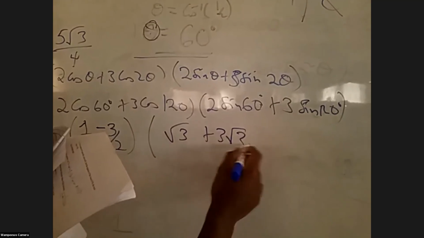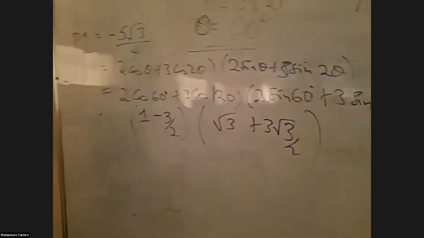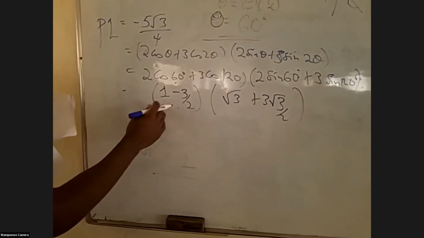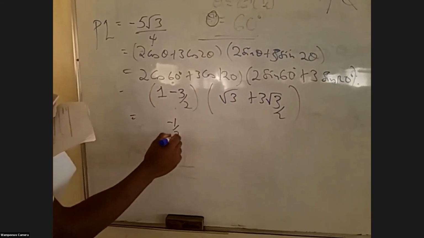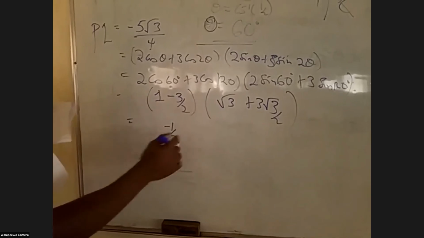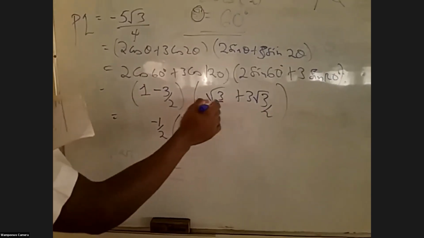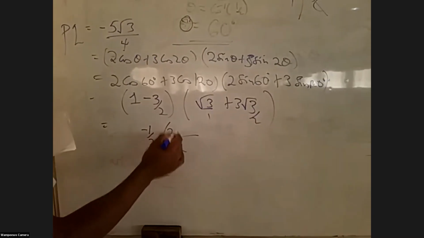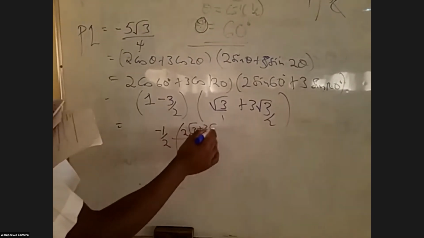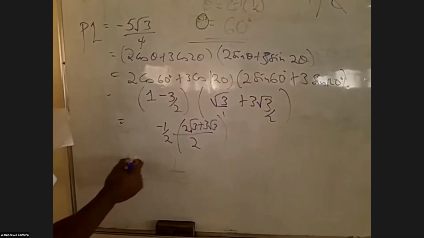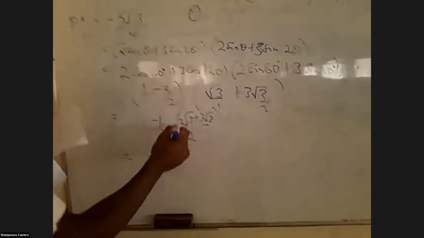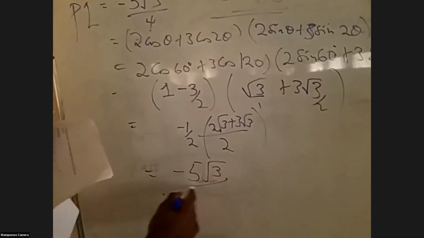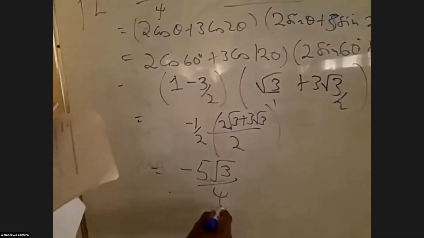Simplifying further by getting the LCM, this one will give me negative a half, and this one will be 2 root 3 plus root 3 over 2, which is the same as 5 root 3 over 2, times negative half, which is 4, as required.